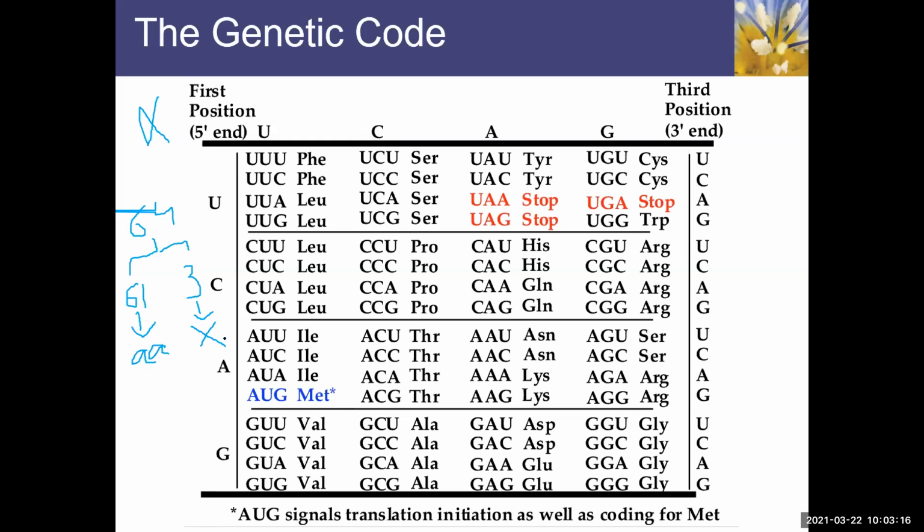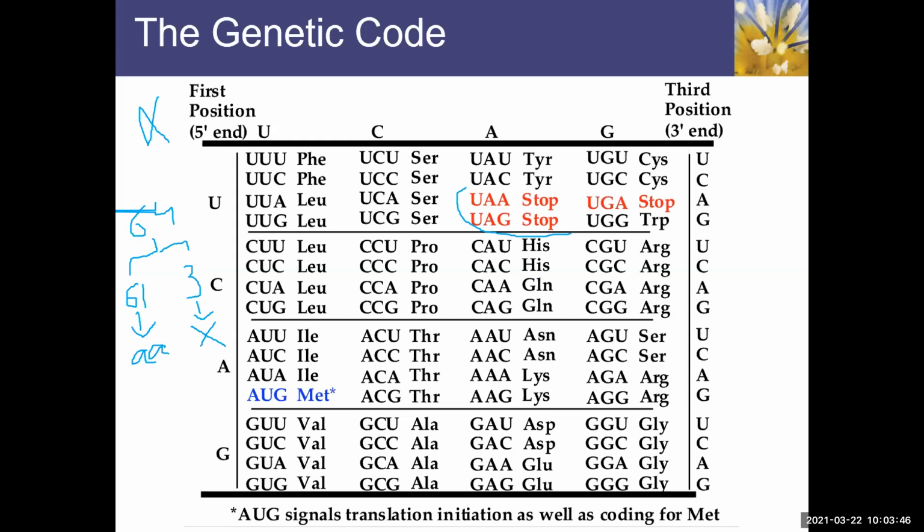Is it clear to everyone? So, 64 codons overall. 61 are the sense codons which code for an amino acid, and 3 do not code for any amino acid. They are called nonsense codons because they do not code for anything, but they are there to stop the translation of the proteins.